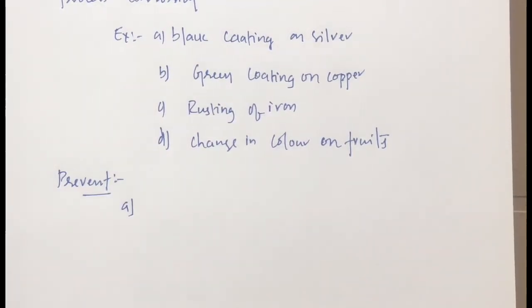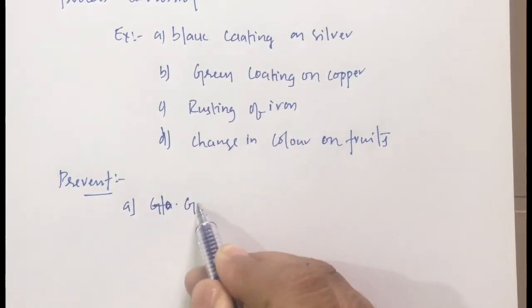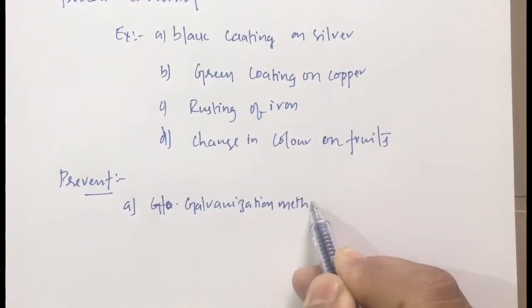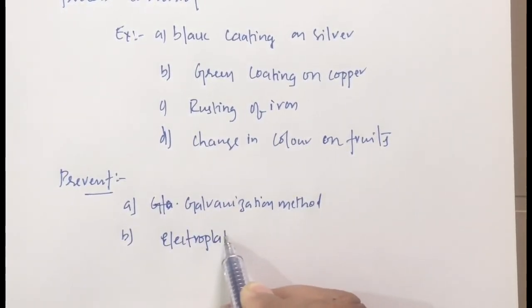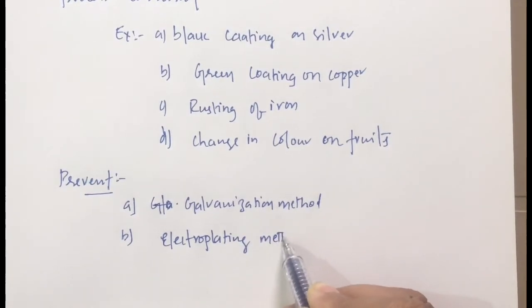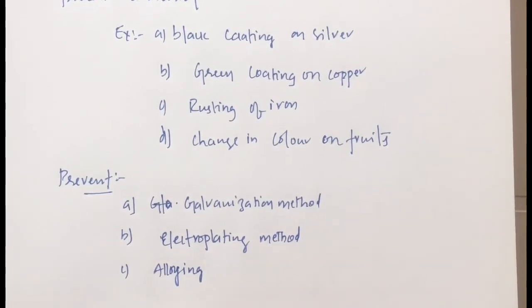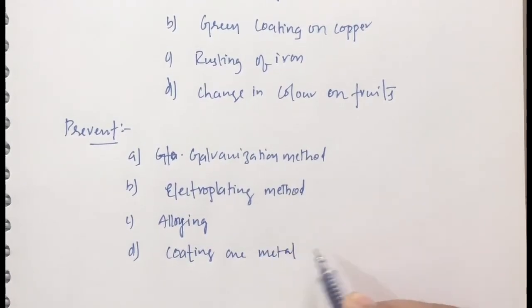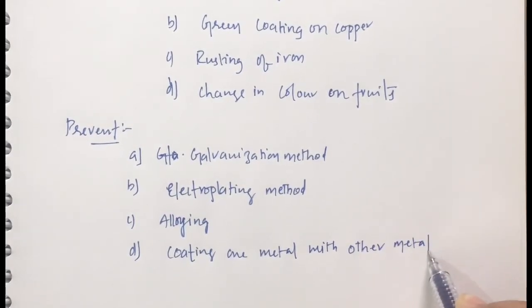Those methods are the galvanization method, the electroplating method, third is alloying, formation of alloys, and coating one metal with another metal.